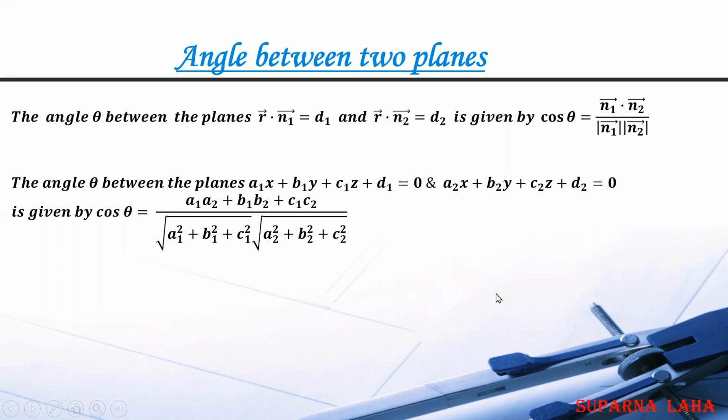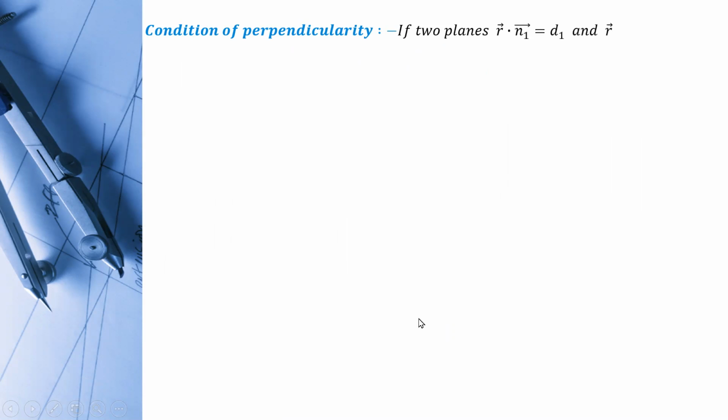Now, the condition for two planes to be perpendicular and the condition for two planes to be parallel. If theta is 90 degrees, then cos 90 is 0.